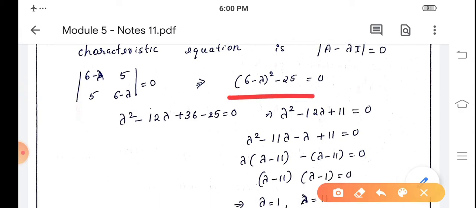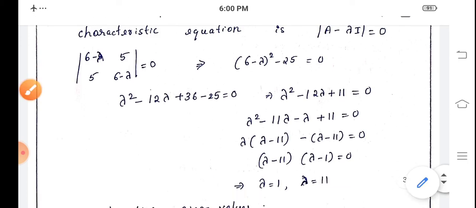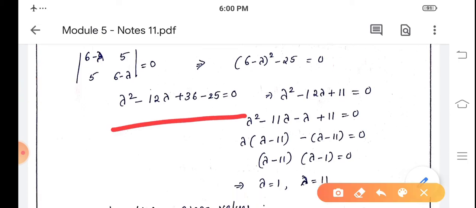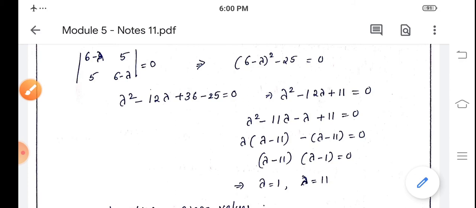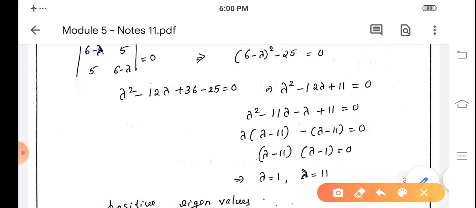That will be (6 minus lambda) whole square minus 25 equal to 0. On expanding this, we obtain lambda square minus 12 lambda plus 36 minus 25 equal to 0, or lambda square minus 12 lambda plus 11 equal to 0.